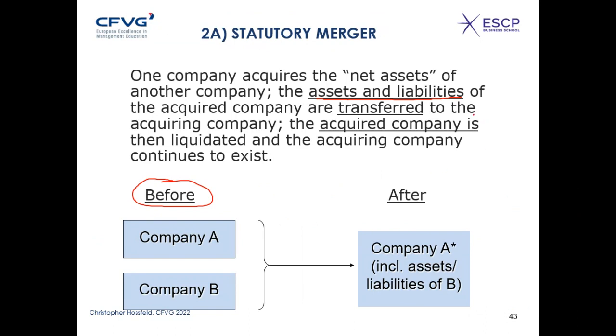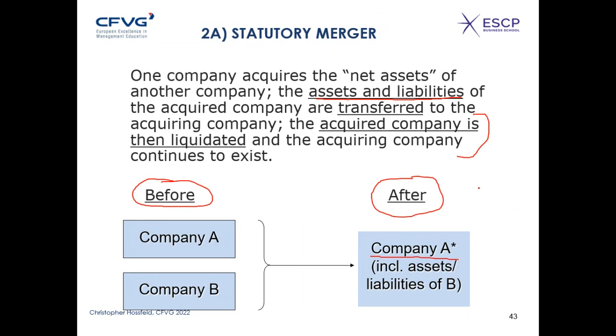That means that usually company B, the acquired company, will be liquidated, because there are no more assets, no more liabilities, no more activity in this company. After the statutory merger, only one company survives, and this is company A.